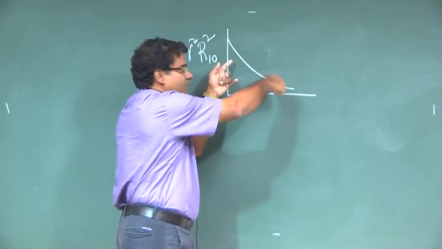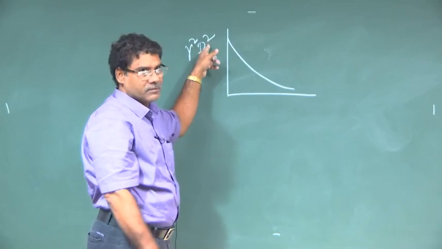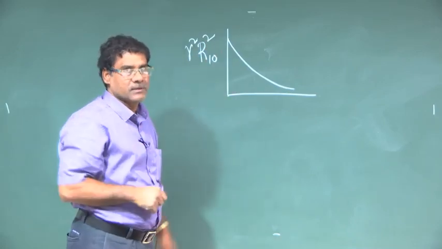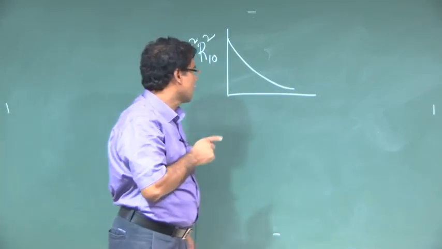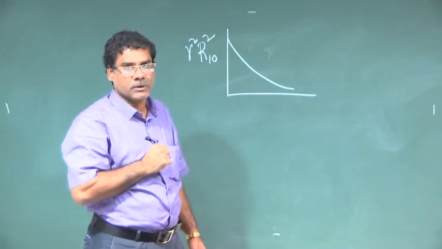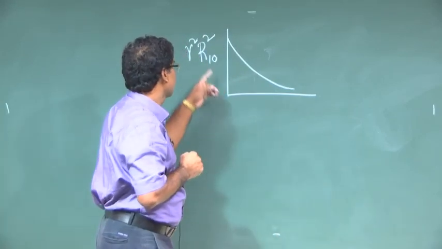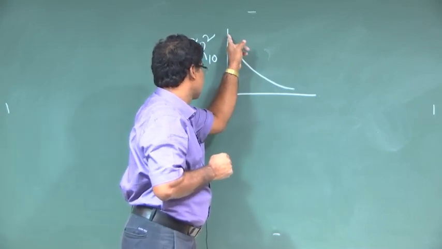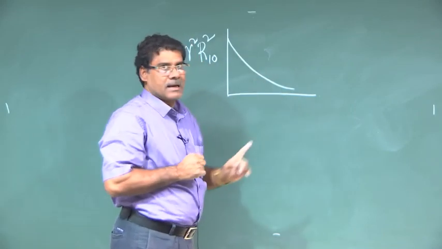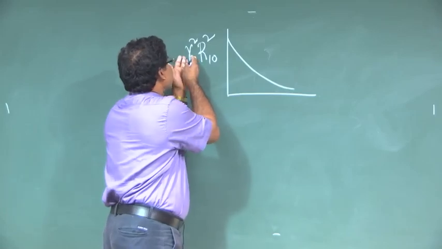It will be sharper because it is squared now: e to the power minus 2Zr by n a0. That means its shape will be like this, and another term, r squared, is there.